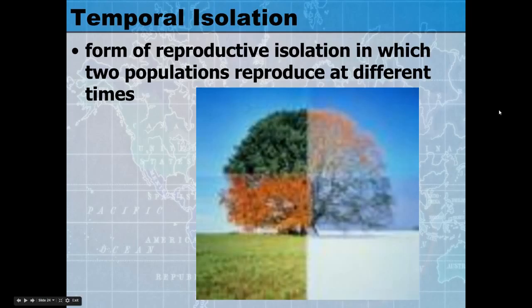All right. The last one is temporal isolation. This is what's going on right now. Our plants, our trees have no clue what time of the year it is right now.